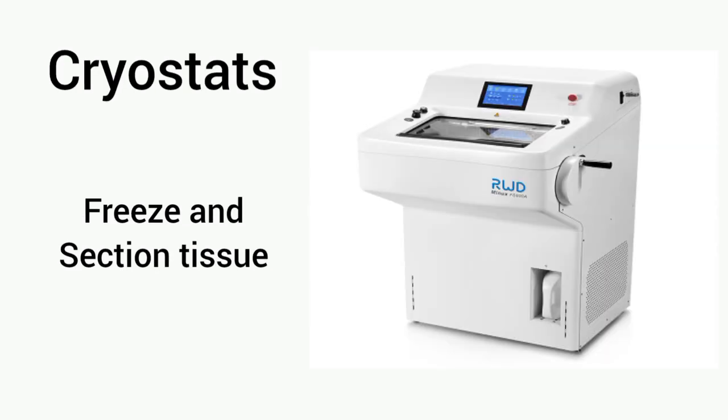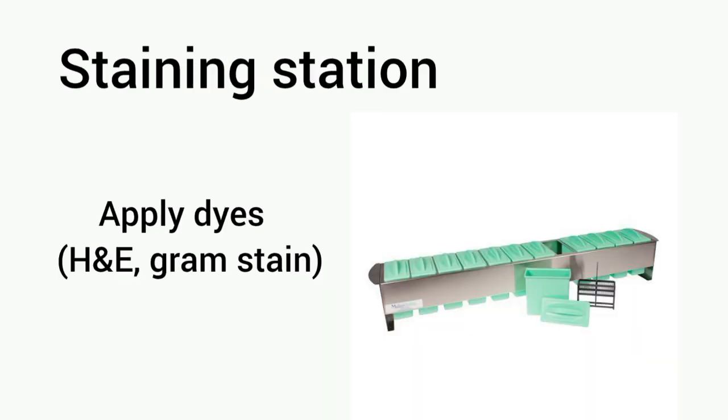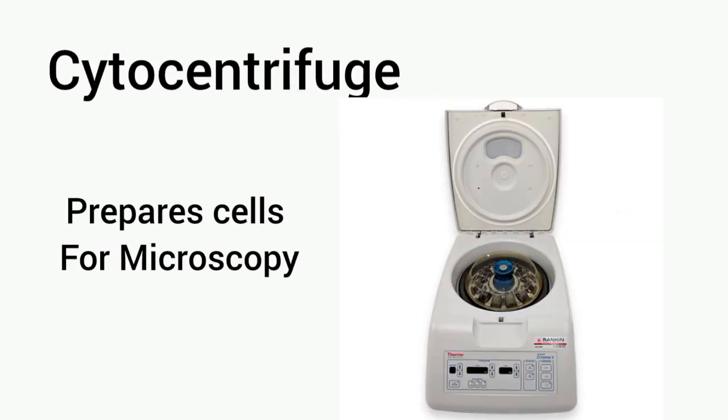Cryostat is used for freezing and sectioning of tissue. Staining station, it is used for applying dyes, H&E, gram stain. Cytocentrifuge is used for preparing cells for microscopy.